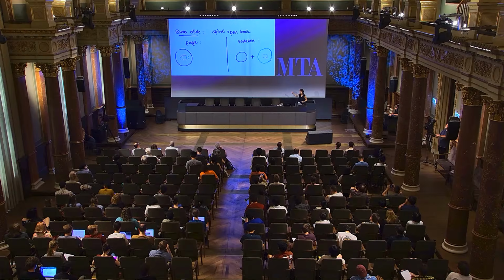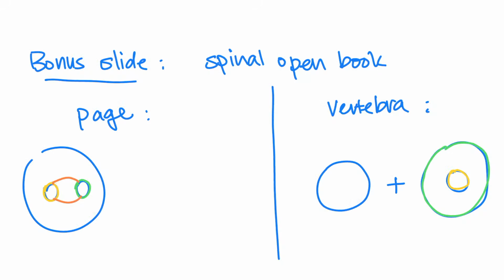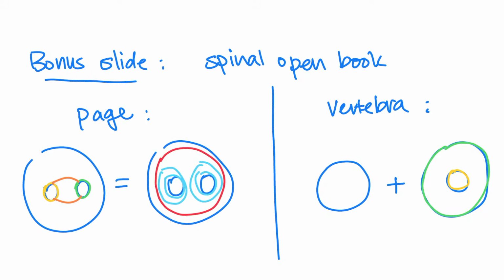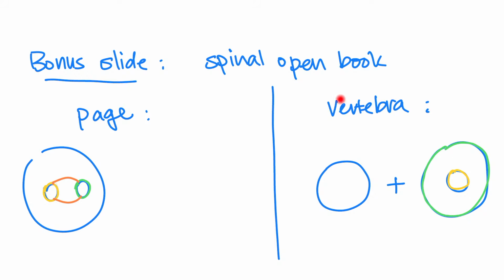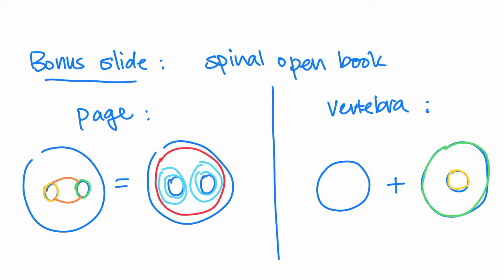And I color-coded, so the yellow boundary component gets glued to the yellow boundary component here, and the green one goes to the green one, and the blue one goes to the usual binding. That's just a solid torus.